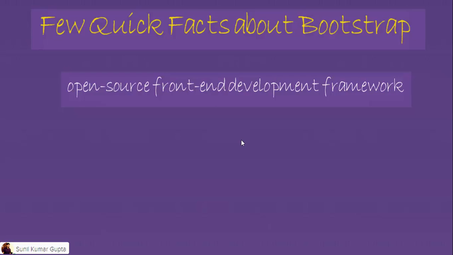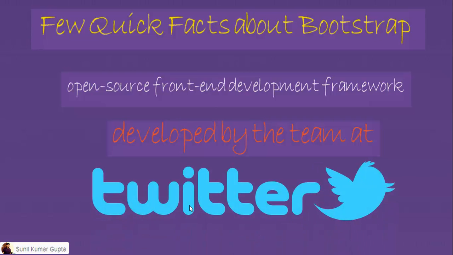Who developed this Bootstrap framework? It was developed by a team at Twitter, and that's why it is also known as Twitter Bootstrap. A team of Twitter engineers designed this framework to help web developers design responsive mobile first websites. So this is a short history of Bootstrap.